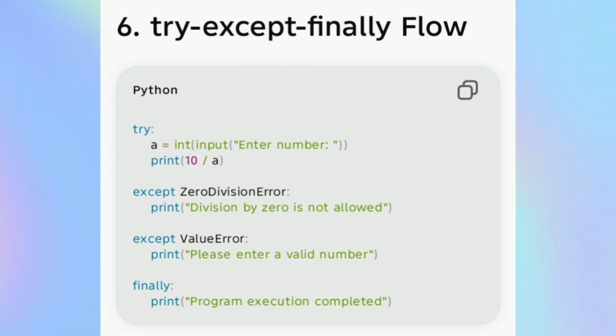Try except finally flow. Python: try, a equal to int of input of enter the number, print 10 divided by a, except zero division error, print divided by 0 is not allowed, except value error, print please enter the valid number, finally print program execution completed.